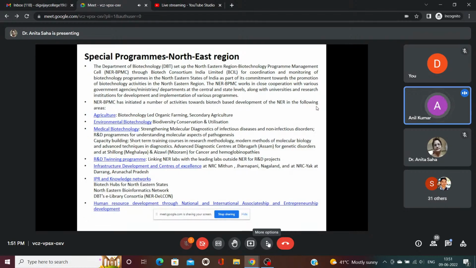Under the R&D twinning program, you can even apply for research in the northeastern part of the country. You just have to collaborate with a researcher from the northeast states like Assam, Meghalaya, Nagaland, and Tripura. After an interval of 2 years, the DBT is inviting applications.